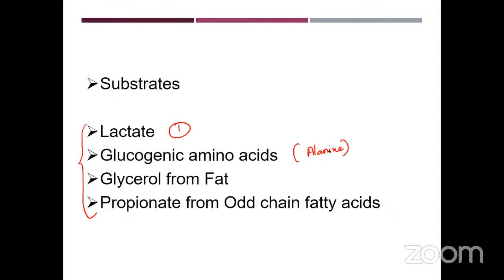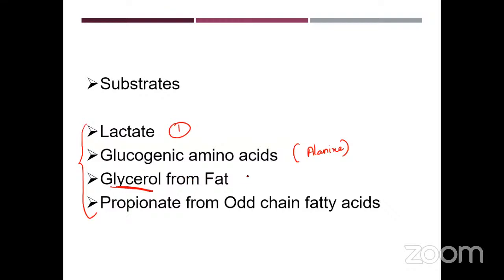Other glucogenic amino acids also contribute, but the majority is by the alanine present in the muscle. And in general, the fats cannot be converted back to glucose, but there is an exception. The fat has got a glycerol part. The glycerol part can be converted to glucose. How? I will discuss in the coming slide.